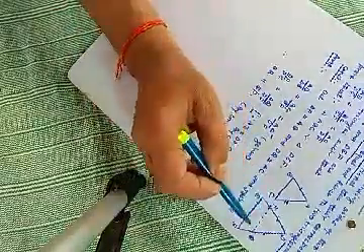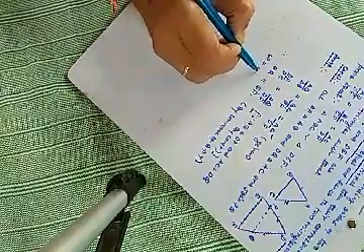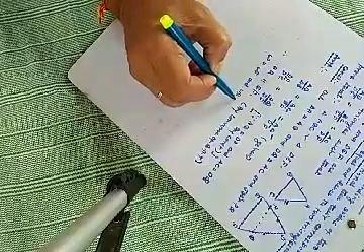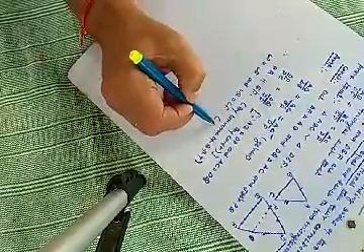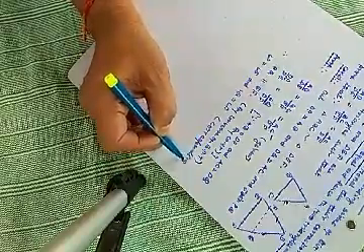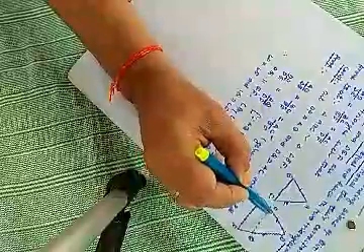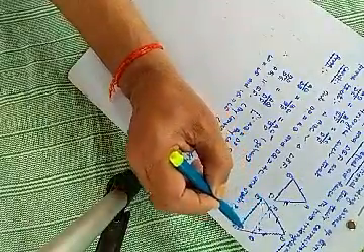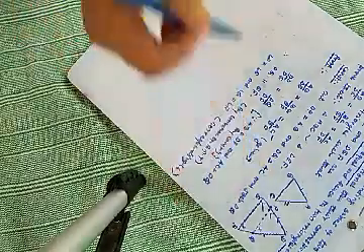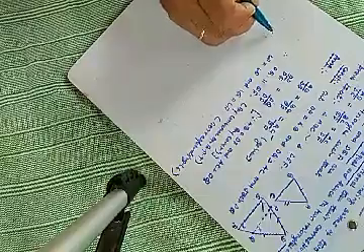Now PQ is parallel to EF. Therefore angle P is equal to angle E and angle Q is equal to angle F. These are corresponding angles. Since PQ is parallel to EF, these corresponding angles are equal.